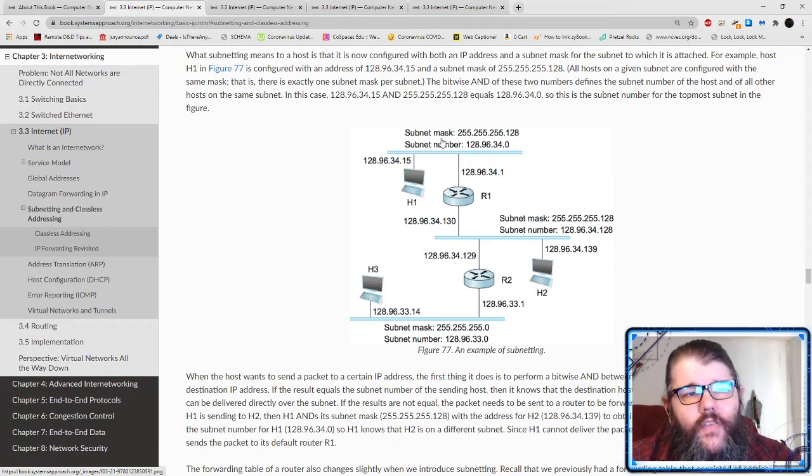All of the IP addresses on this network above are grouped together because they have similar bits. For example, any host sitting on this network up here is going to start with 128.96.34. Now, there's even more to it: every address is going to end with a number between 0 and 127.